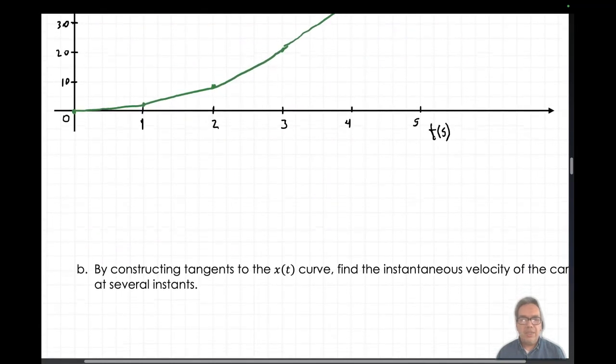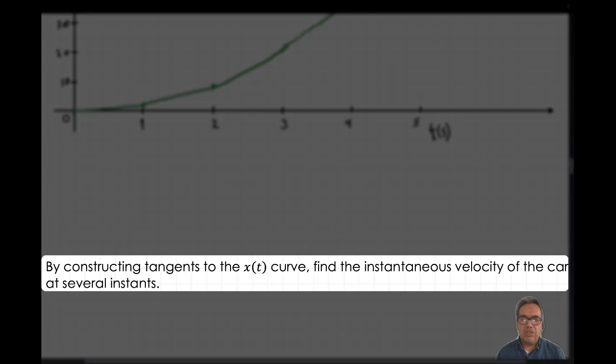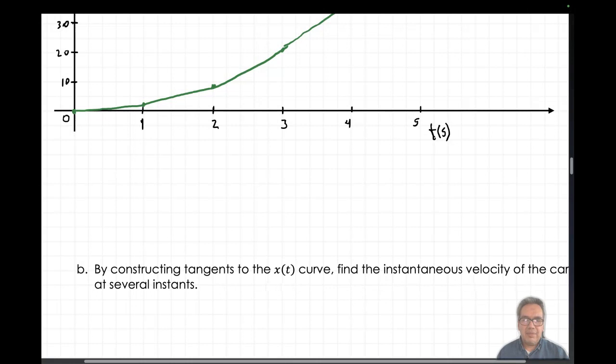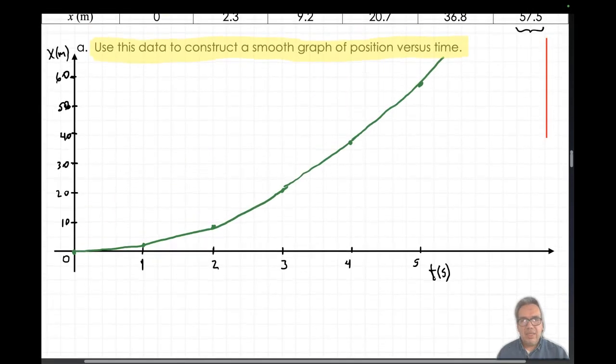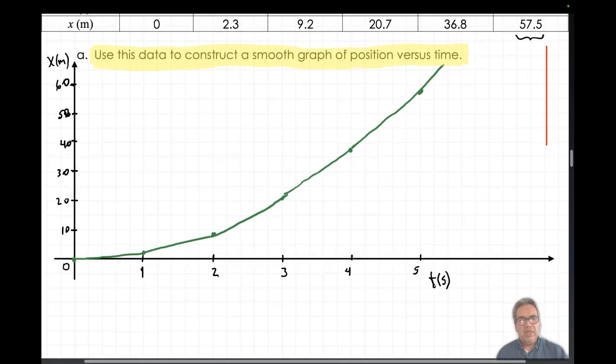In part B, they ask you to construct tangents to the x of t curve, finding the instantaneous velocity of the car at several instances. Well, what's the idea? Why do we need tangents?